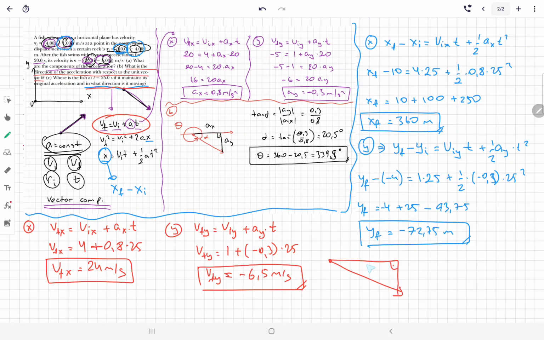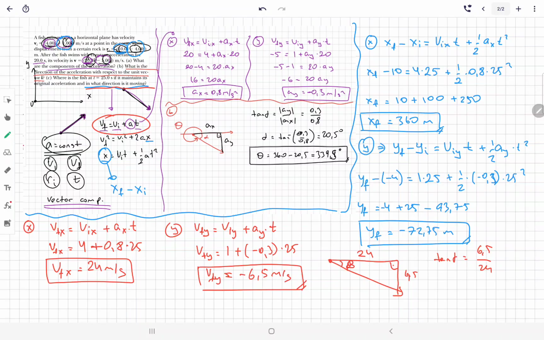So again, we need to find this angle. Let's call it beta. X component is 24, vertical component 6.5, the magnitude. So tangent beta equal to 6.5 over 24. We are not paying attention to the signs because we know beta is this angle.